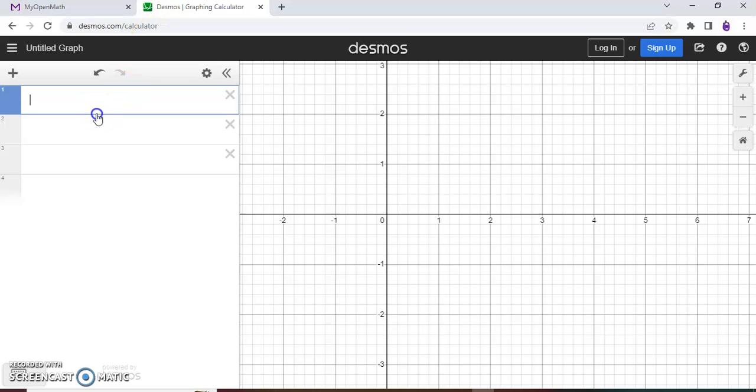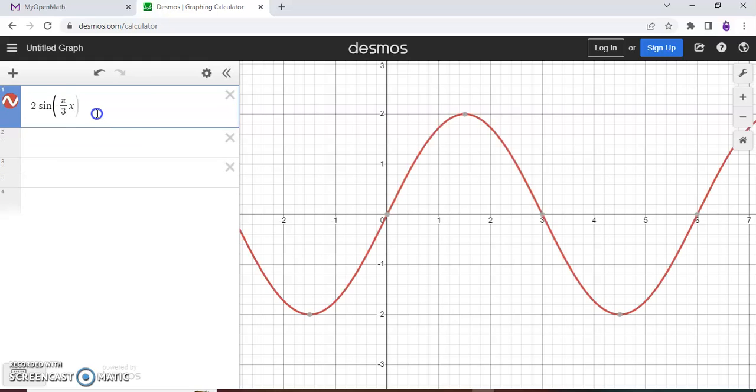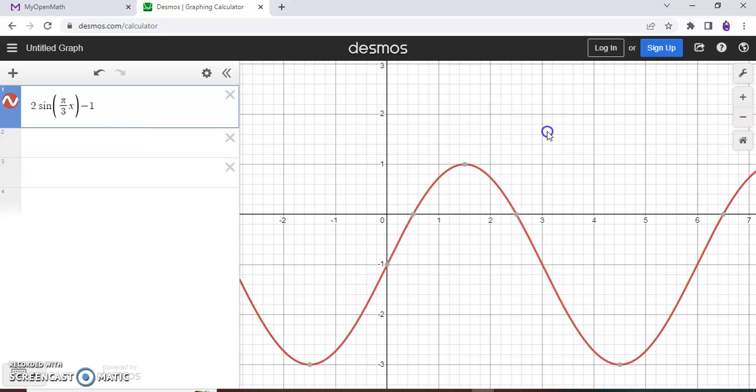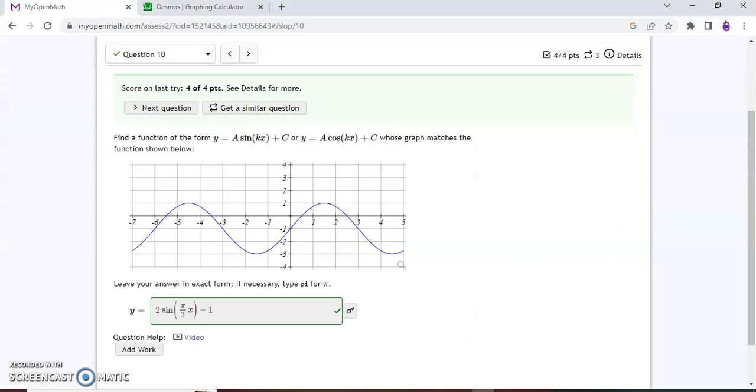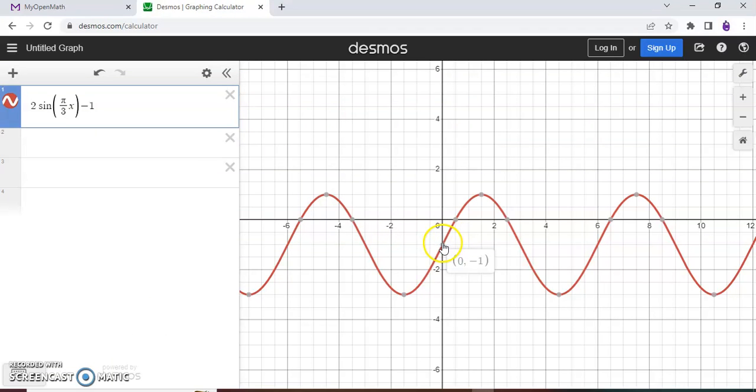And to check your answer on Desmos, you can do 2 sine pi over 3 x minus 1. And then you can compare this one to the one on Desmos. As you can see, this one crosses through -1. This one crosses through -1.